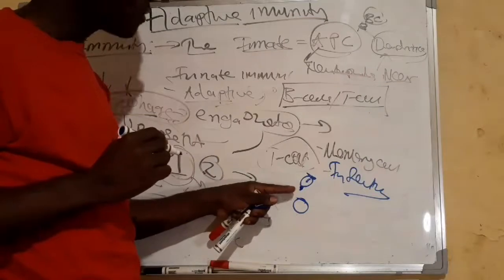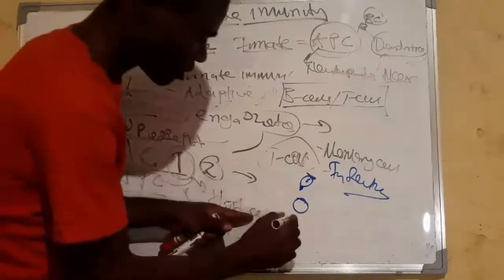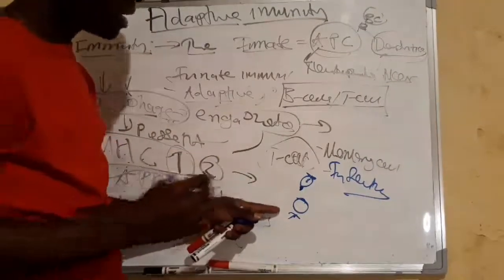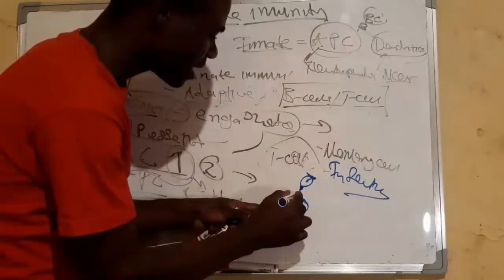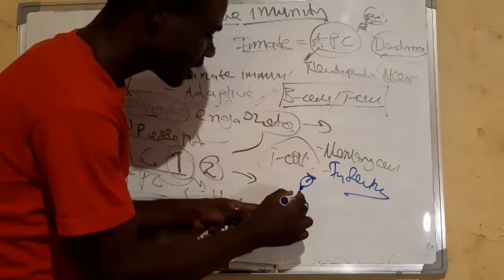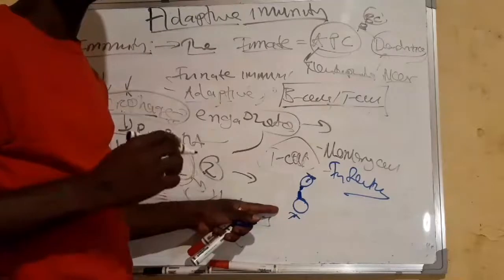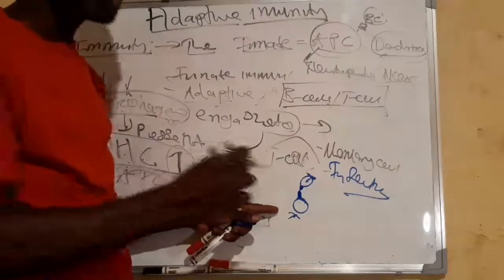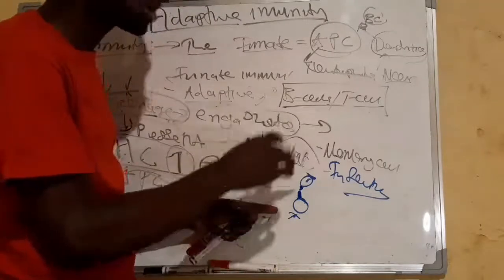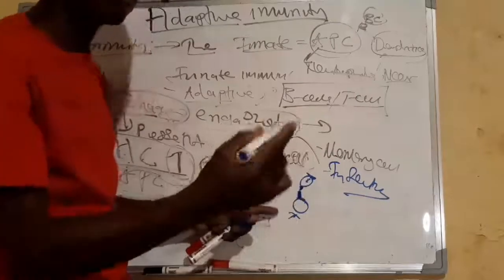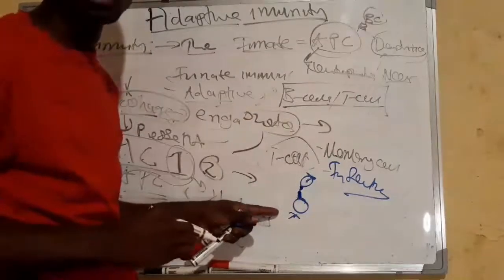After presenting the fragment to the T cell, the T cell binds the MHC2. It is MHC2 because we are talking about the B cell. Remember, a B cell is an antigen presenting cell.